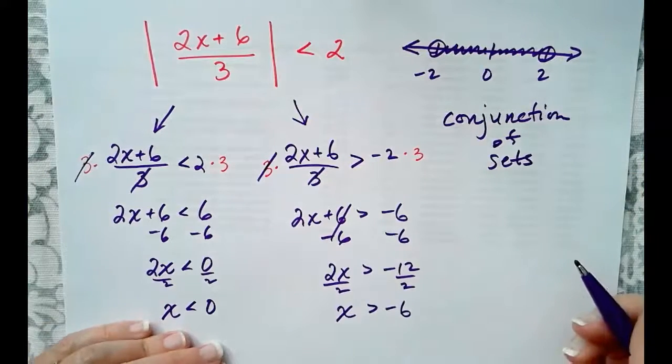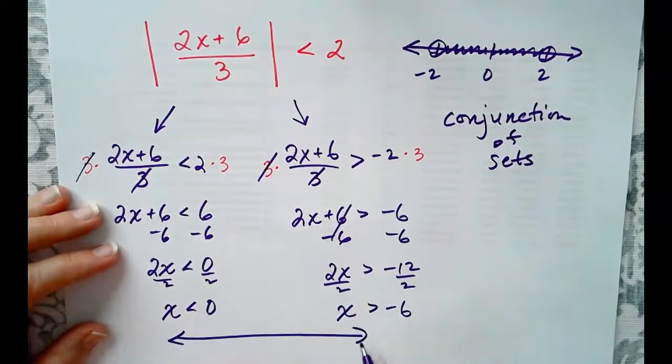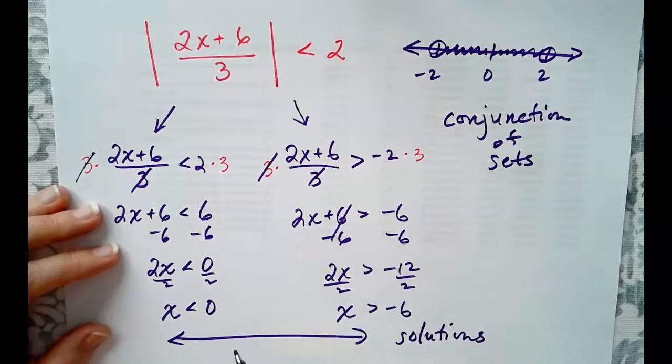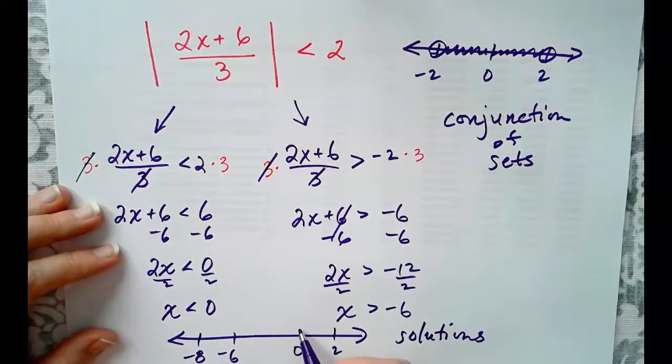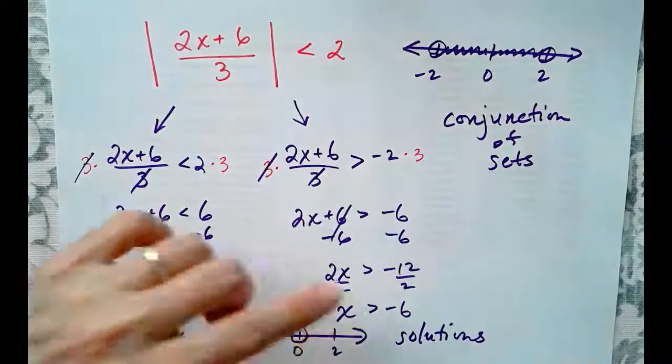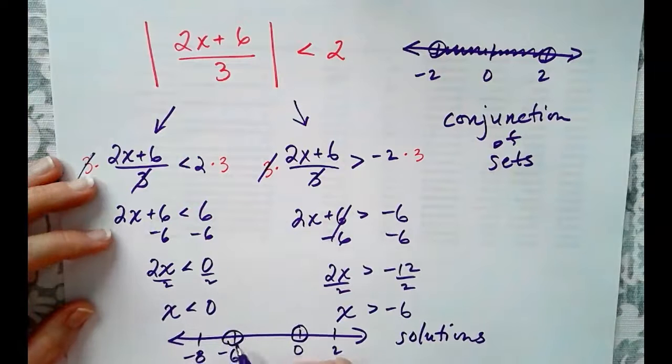So, on our number line representing our solutions, we've got a 0, let's put 0 here, and a negative 6 here. We'll put negative 8 over here and a 2 over here. So, our solutions, and this is strictly less than, strictly greater than, so open circles, shading in the middle.